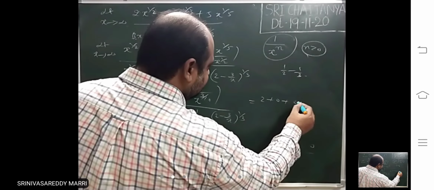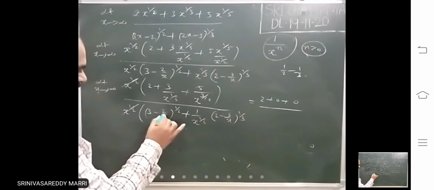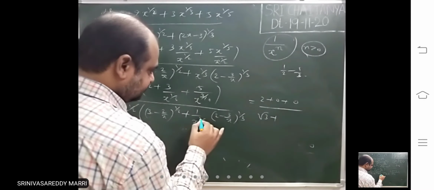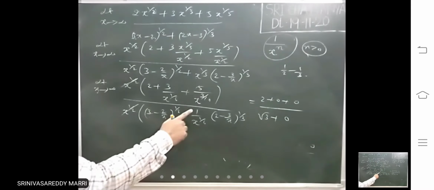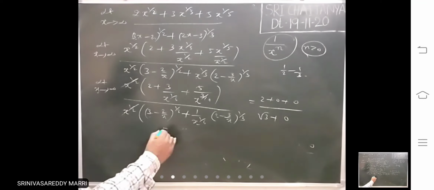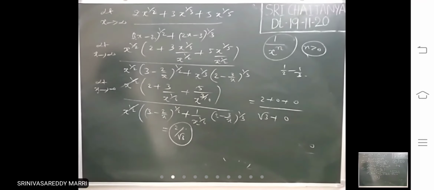Every x is in the denominator only, so 0. Divided by, this is 0, root 3. So this is 0, 0 into 2 power 1 by 3 is 0. This is 0, 2 minus 0 whole power 1 by 3, 0. That means your answer is 2 by root 3.